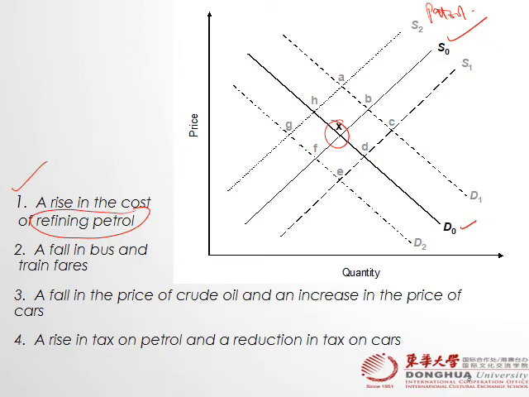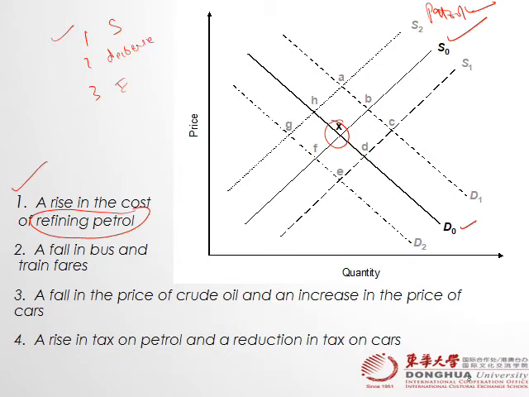So recall your three steps. Is this a case of demand or supply? This is the petrol market and this is the cost of input rising, so it means this is supply. Does supply increase or decrease? It's a decrease.